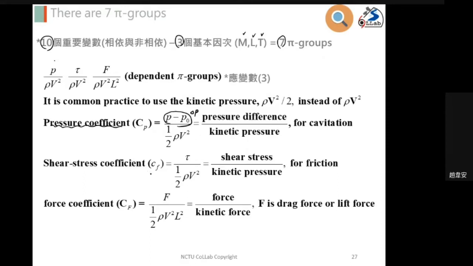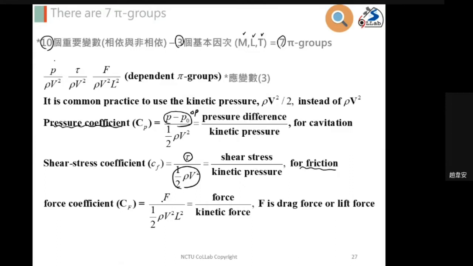And the second is the shear stress coefficient. We have the shear stress here, and the bottom is also the kinetic pressure. Usually we use this parameter to study the friction effect in our problems. And the final one is the force coefficient we introduced in previous slides.